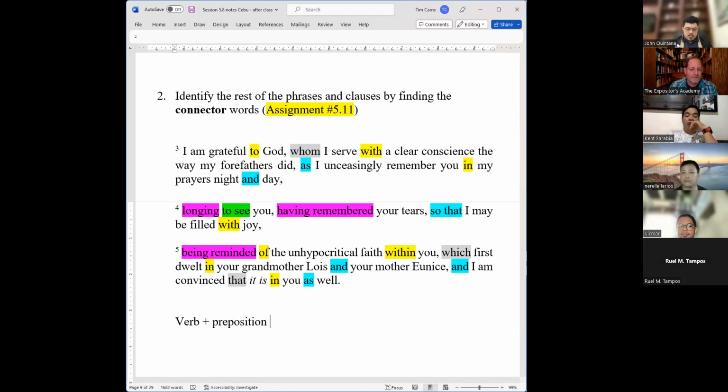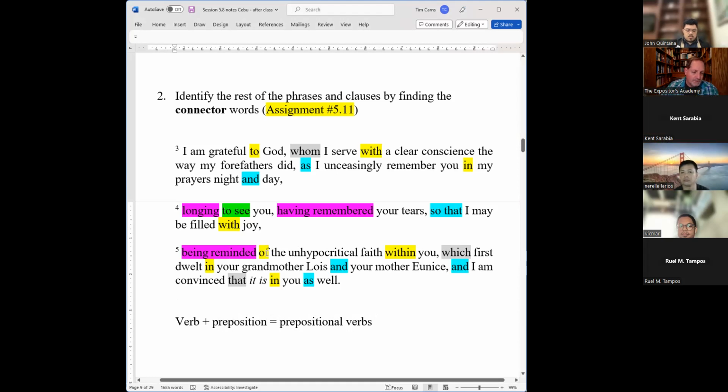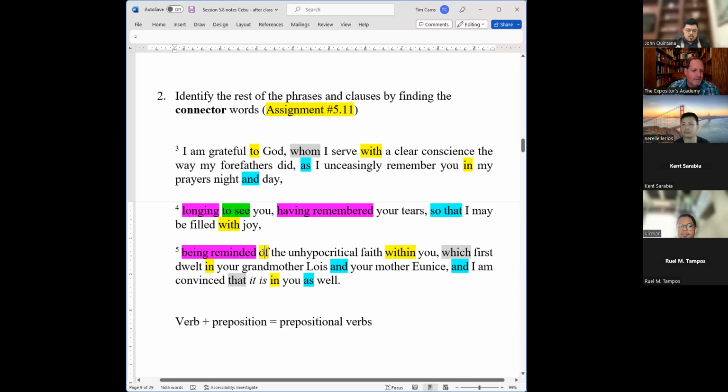And those are often in English called prepositional verbs. We talked about this a little bit, but they are another challenge that English presents to us. If you're not sure, if you see something like this, you wonder, is this actually a preposition?